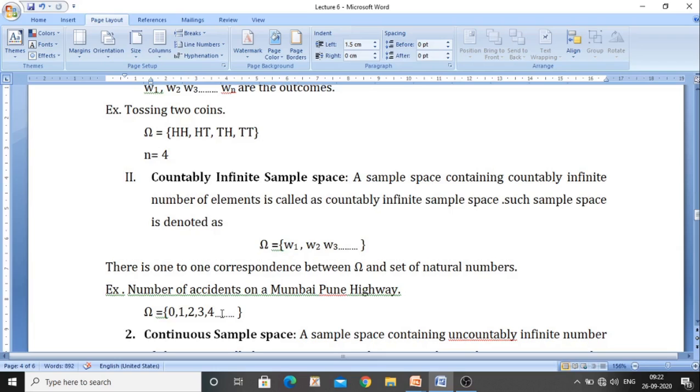So I can go on counting, but the last one I don't know, so I cannot predict beforehand exactly how many accidents there will be, and that's why the dashes, that means infinite, and that's why it is countably infinite. That means we can count it, 1, 2, 3, like that, but we cannot tell exactly what the end is, so it will go on. So it is a countably infinite sample space.